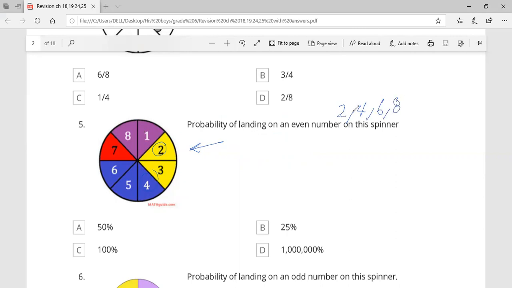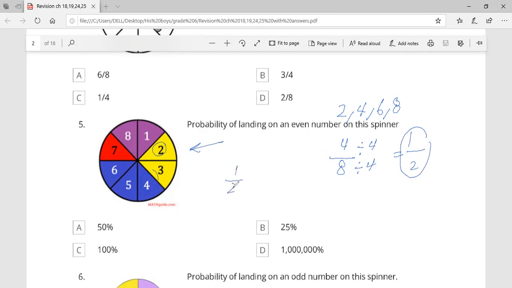How many numbers? 1, 2, 3, 4. Here are 4 numbers. Out of what total number? If you count, we get 8. 4 out of 8. As we said before, you have to put it in simplest form. Divided by 4, we get 1 out of 2. The probability is 1 out of 2.